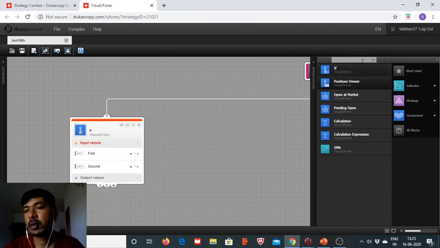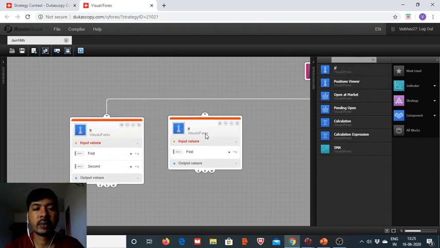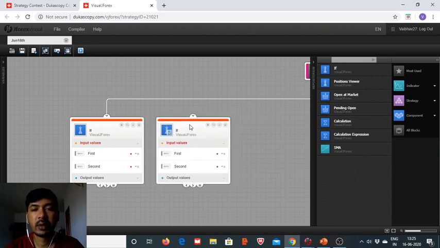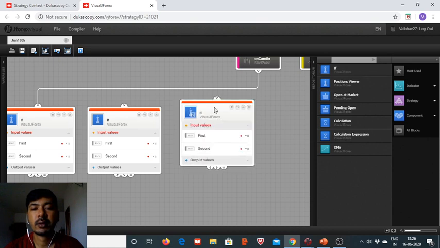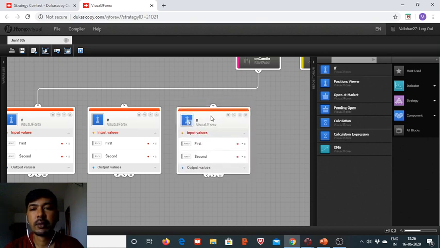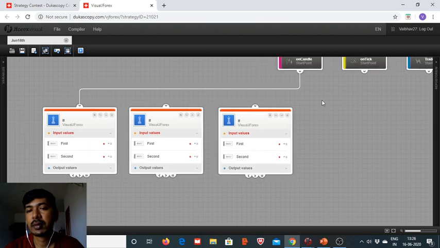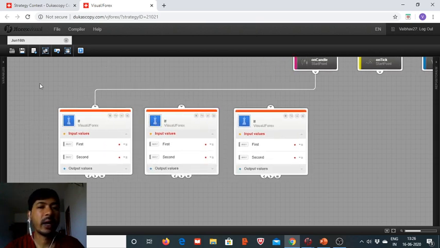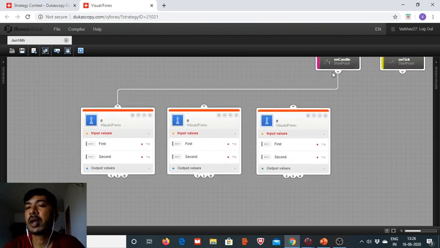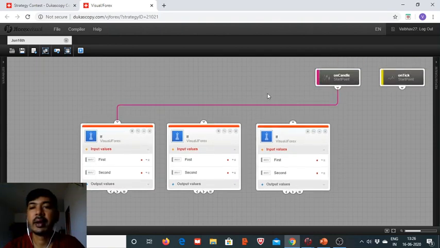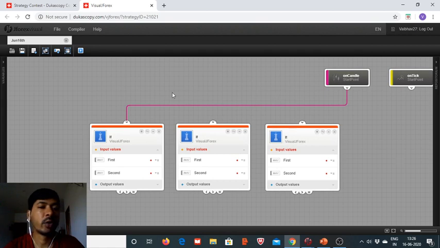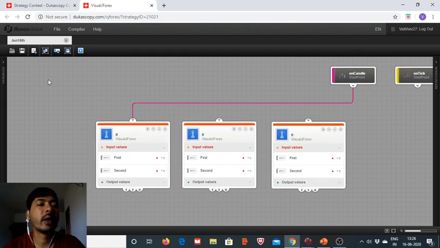The first thing we will need to do is the instrument subscription, and for that we will utilize this start point on candle. We are going to keep the order validity for almost 2 to 3 hours. I think 3 hours should be good enough, so we will do 3 hours this time around.